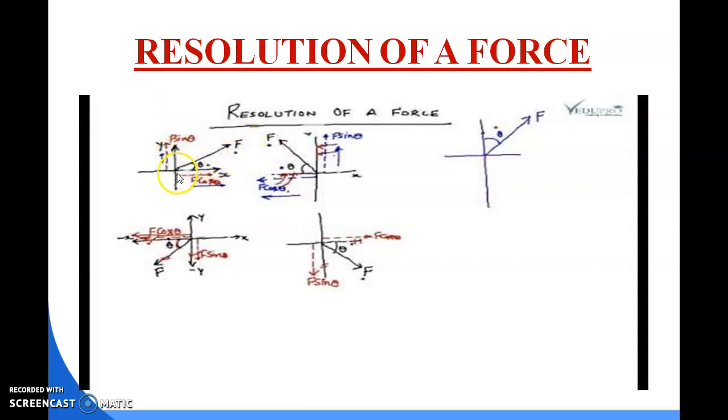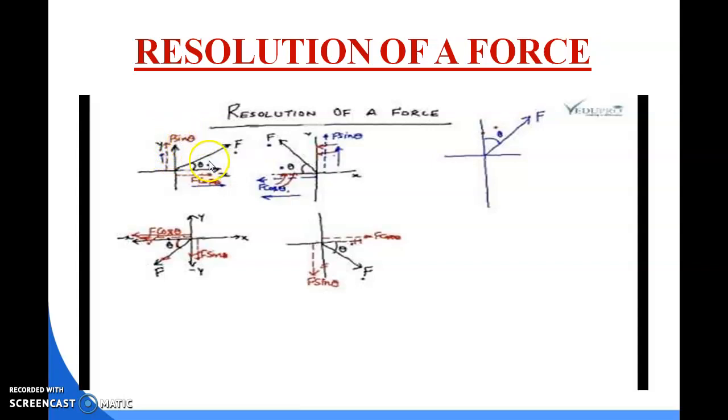Whenever we take a force F from the origin point O, which includes an angle theta with the x-axis, and we resolve this force F along the x-axis, the value is F cos theta. Whenever we take the force F vertically, the value is F sin theta.